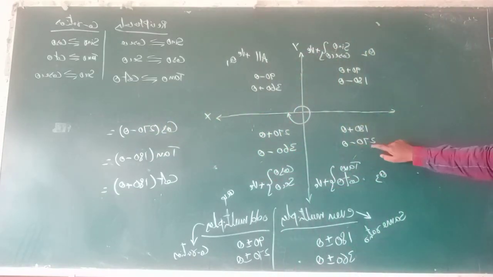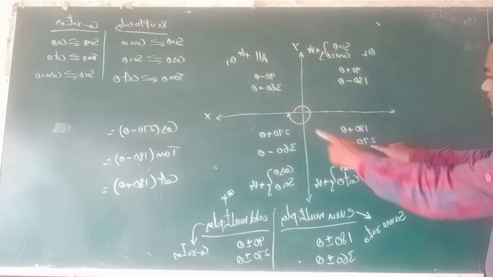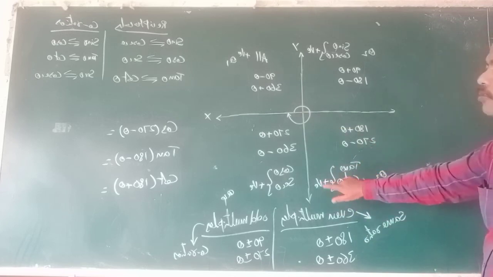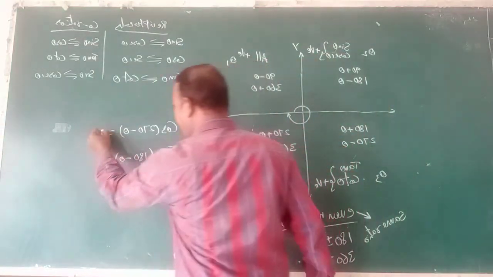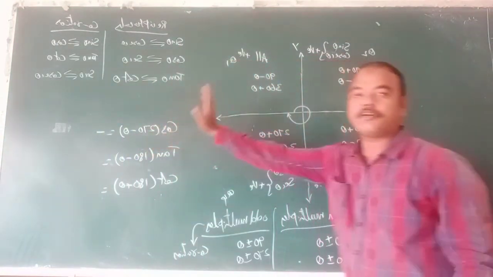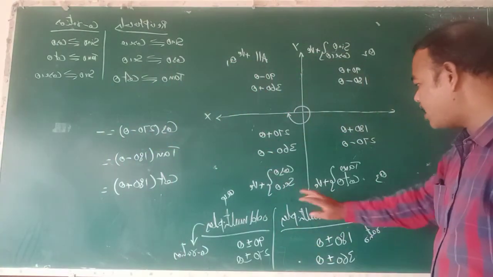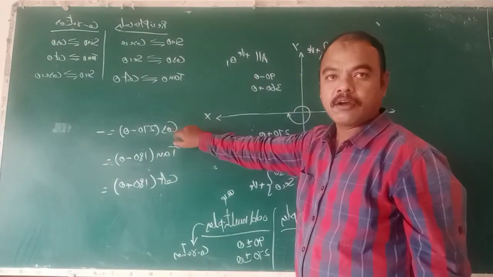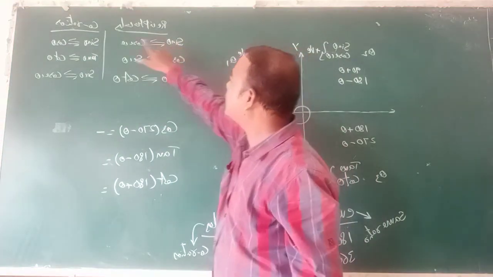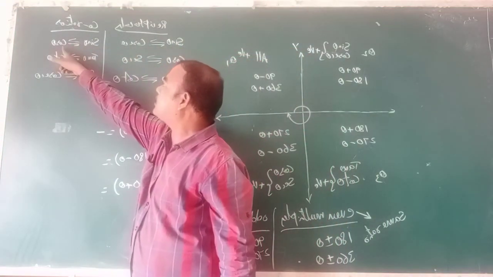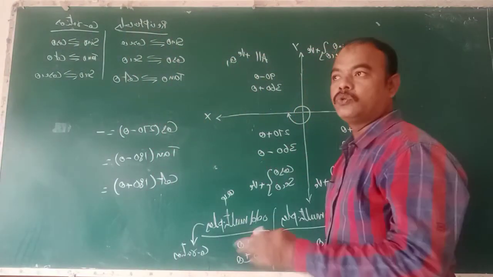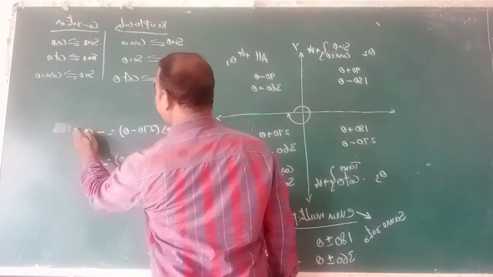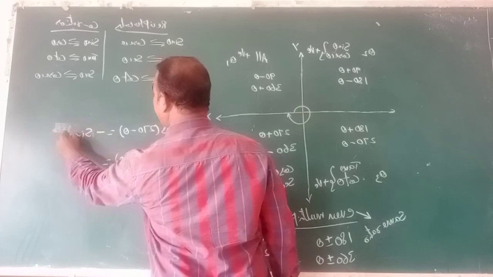In the third quadrant cos is minus, because in the third quadrant only tan part is positive, remaining all are negative. So it is minus, and 270 is odd. Wherever odd multiples, we take the co-ratio. Cos and sin are co-ratios of each other, so cos's co-ratio is sin theta.